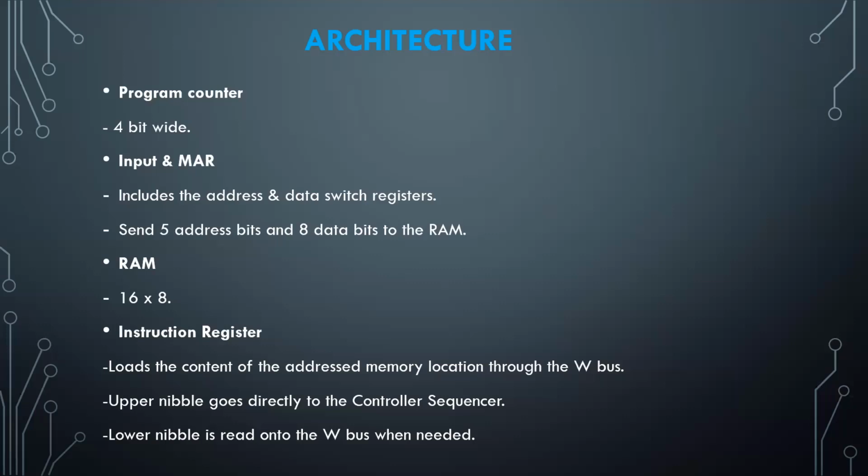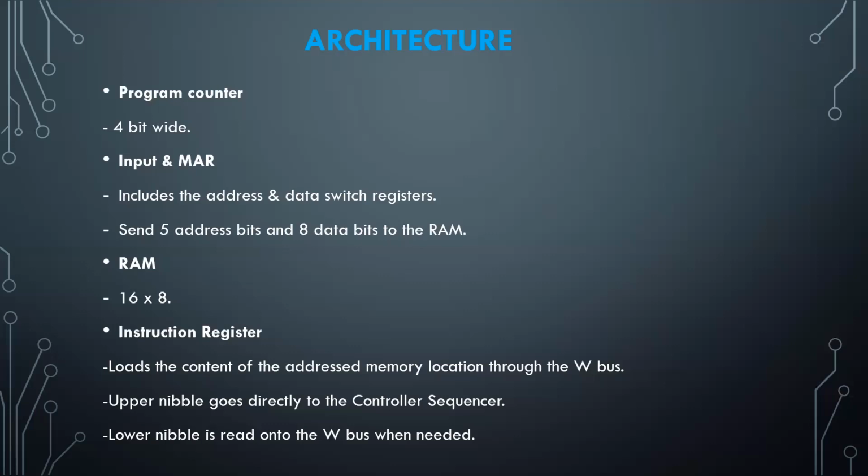The next one is the instruction register. It loads the content of the addressed memory location through the W bus. The upper nibble goes directly to the controller sequencer. The lower nibble is read into the W bus when needed.